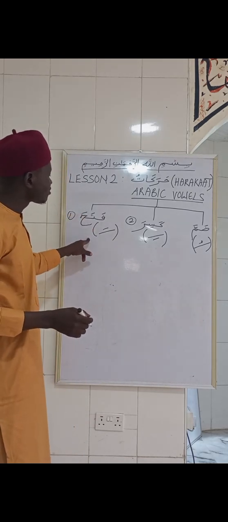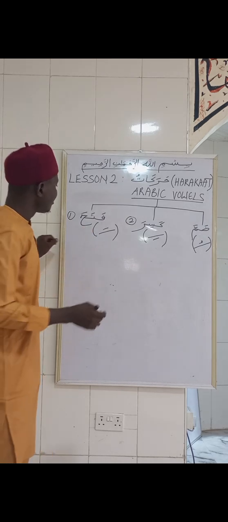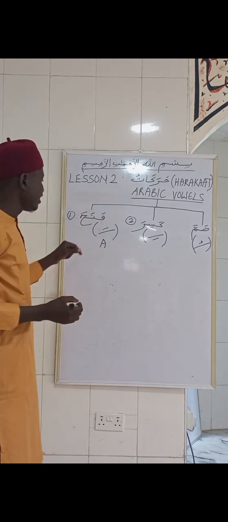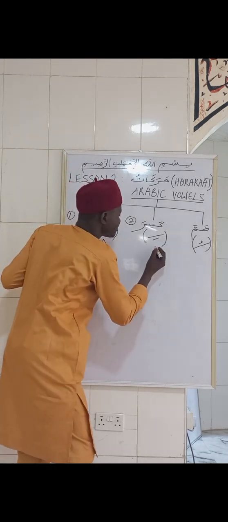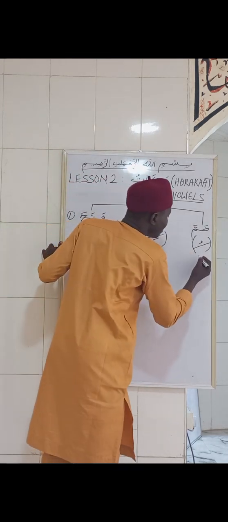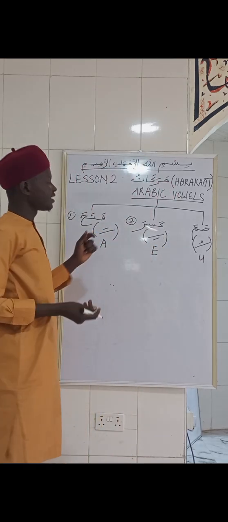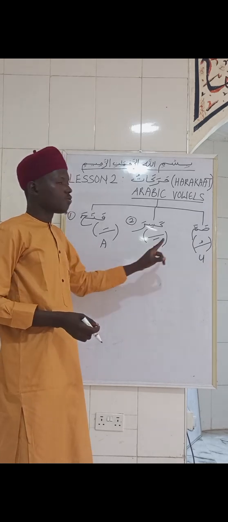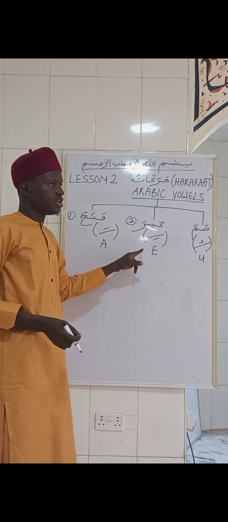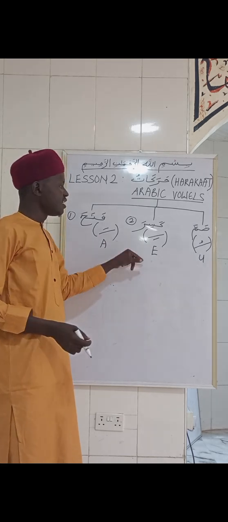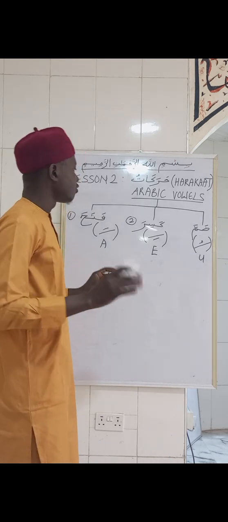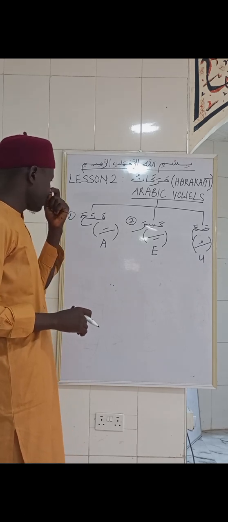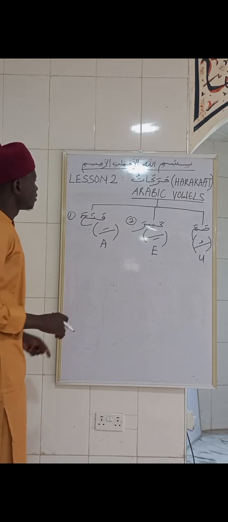The first vowel, Fatha, represents A in English, while Kasra represents I, and Dhamma represents U. So these are the only 3 vowels: A, I, U. Those are the only 3 vowels we have in the Arabic language.